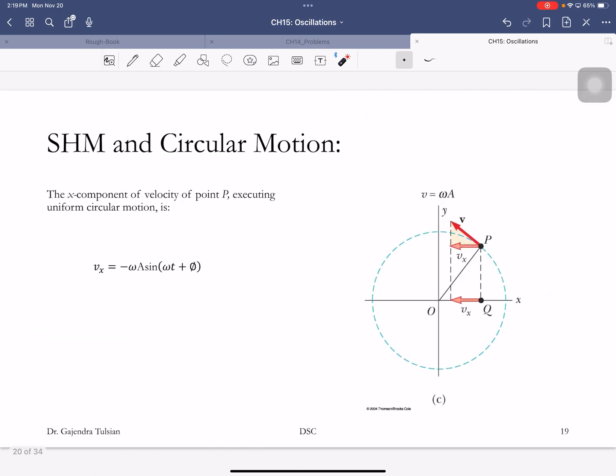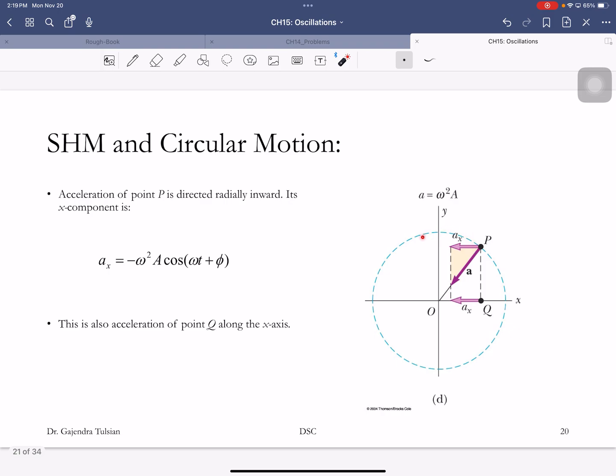And this thing shows you, if you got an object going in a circle at constant speed, here's the x component of the velocity that'll equal exactly the velocity of the mass attached to the spring. A uniform circular motion has centripetal acceleration, and this component of the acceleration matches the acceleration of the mass attached to the spring. Okay?